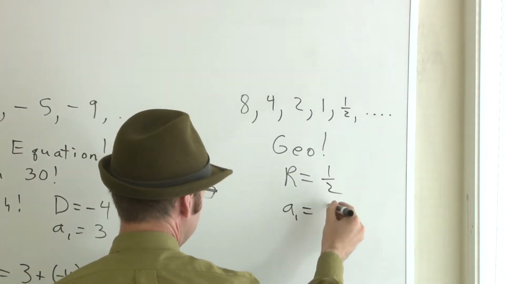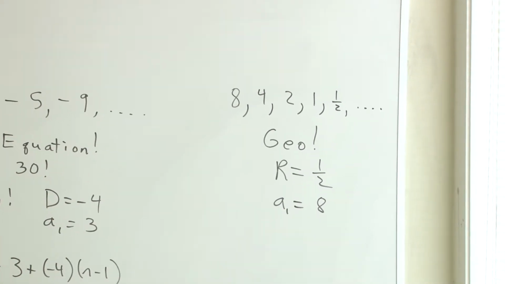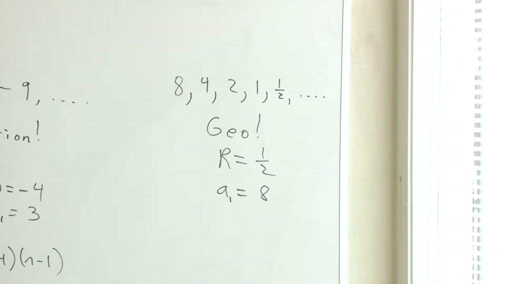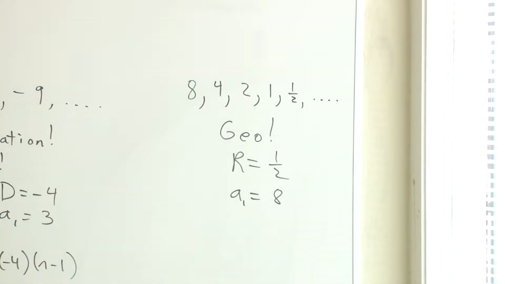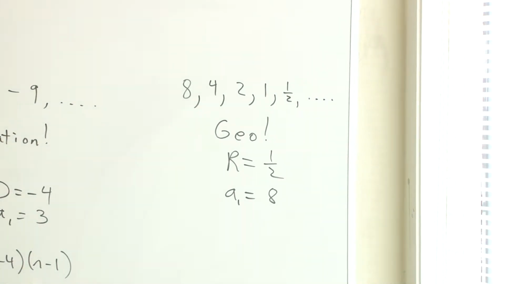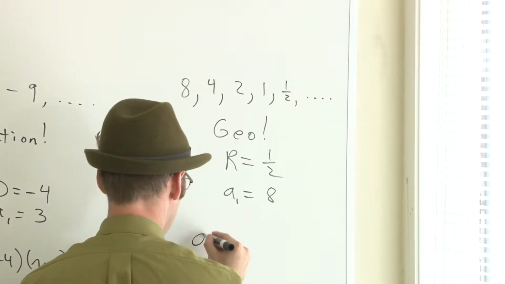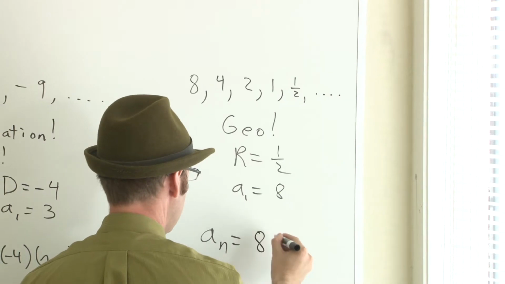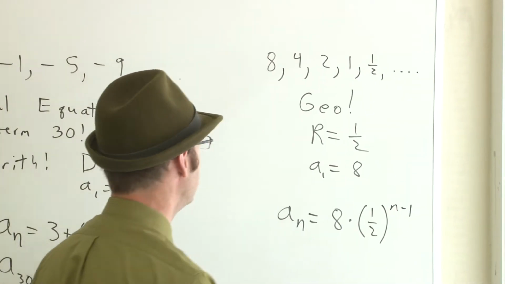My first term is the term that's first, is 8. And so we're just going to plug that junk into here. That'll give me my general equation. My general equation is my gateway to every other term in the universe. So an is a1 times my ratio to the n-1.